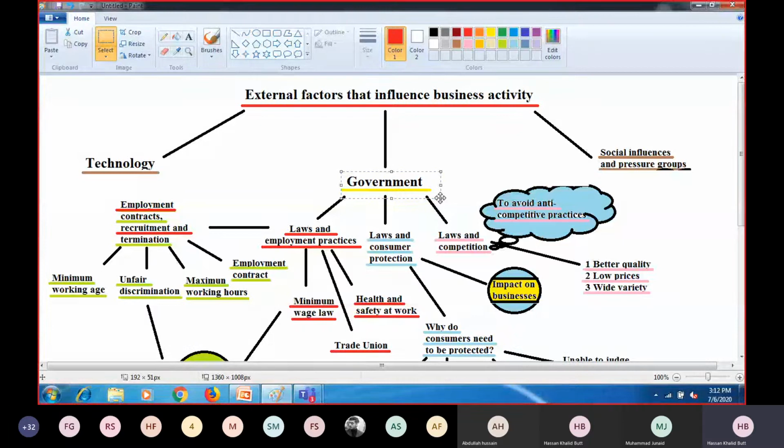Whenever laws are made, they are going to influence business activity either in a positive way or in a negative way. Now we'll talk about those laws which are made by government, because government is a big external factor for all businesses. So let's take those laws one by one.